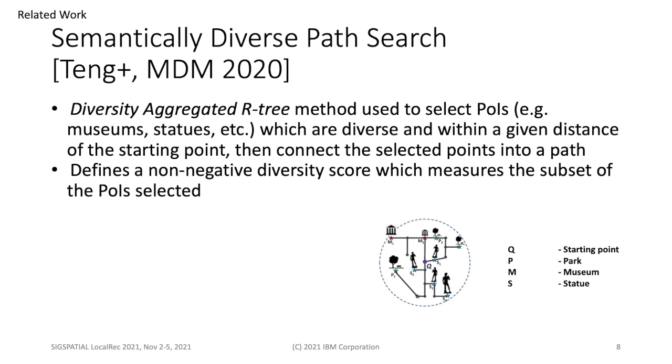So they selected the points which would be diverse within a given distance of the starting point, and then connected the points to a path. So the emphasis in this case was on selecting the most semantically diverse path. They also defined a non-negative diversity score, which measured the subset of the points of interest selected.